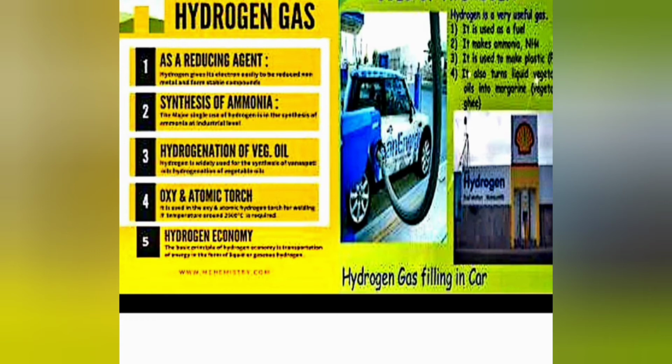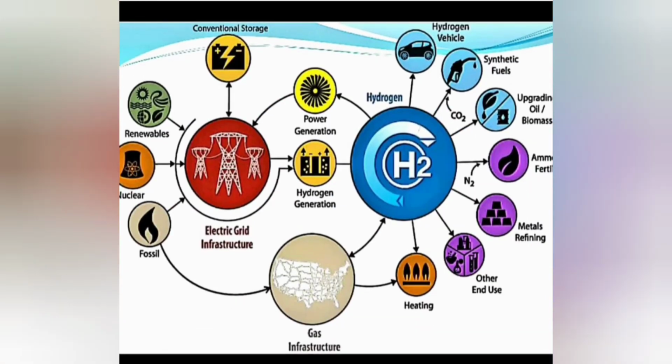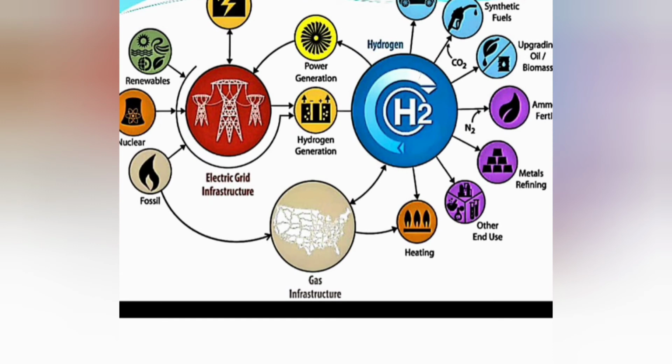Second, in the synthesis of ammonia. Third, in hydrogenation of vegetable oil. And then fourth, in oxyhydrogen torch. And fifth, in hydrogen economy. Another way, these things that you have learned just now are represented pictorially here.